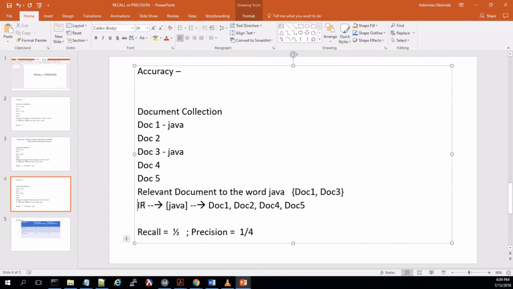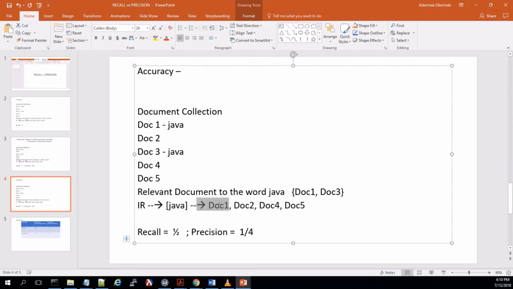But our IR system, or the predictive classifier or predictive algorithm that we develop or are testing, we pass as input Java.